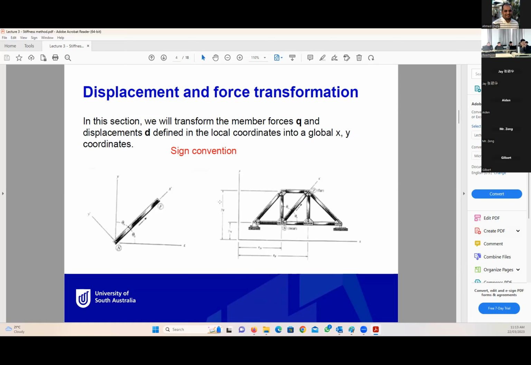So we can easily get the global coordinates using the dimensions given in the example. From these two figures you need to know the sign convention for the x and y axes in global and local systems, how to find the inclination angle, and how to get the coordinates for each node of the truss in the global coordinate system.